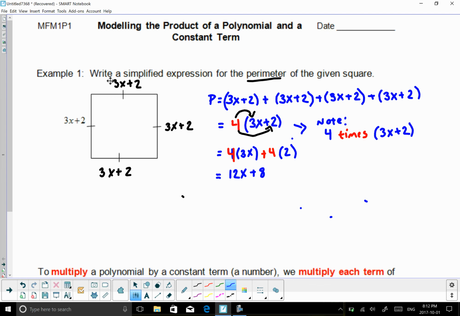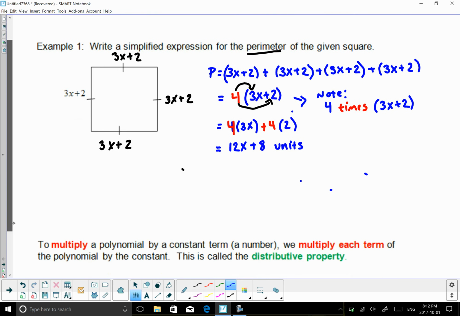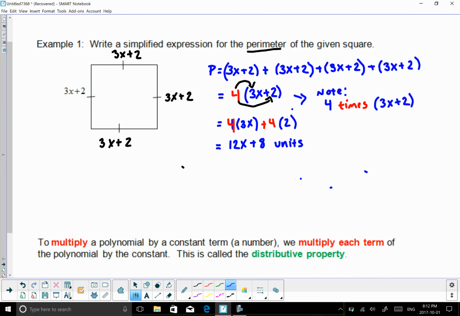So perimeter usually has units. It doesn't say centimeters or meters or kilometers, so I'm just going to write units. So remember, perimeter is just units. It's not units squared. It's not centimeters squared, just centimeters. So here, this says to multiply a polynomial by a constant term.